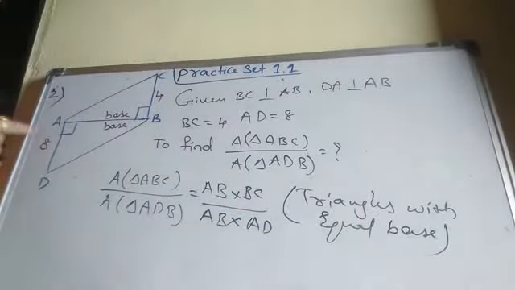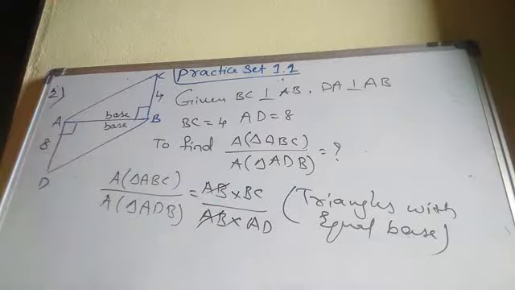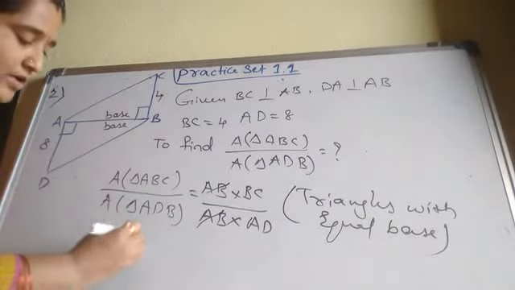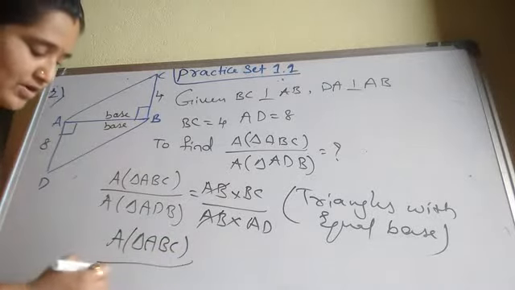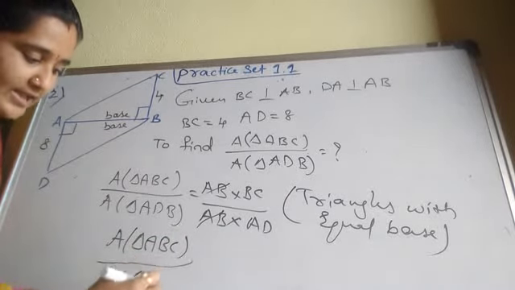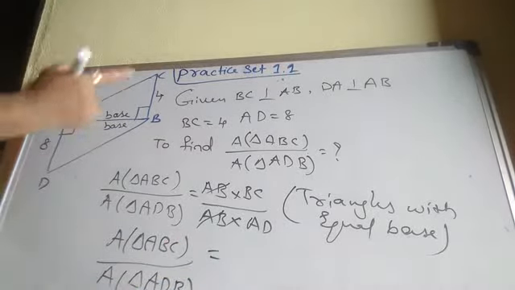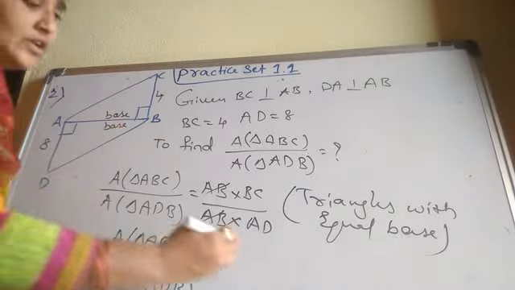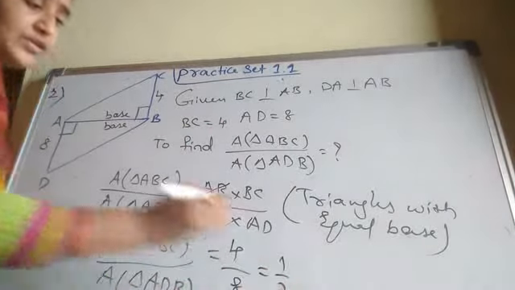In both the triangles the base is common. AB gets cancelled. Area of triangle ABC upon area of triangle ADB equal to, substitute the BC and AD values. BC is 4, AD is 8, so 1 upon 2.